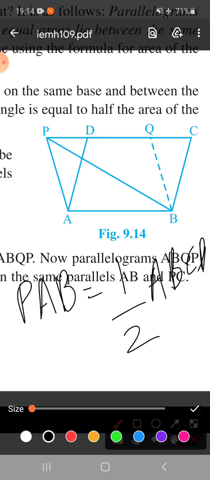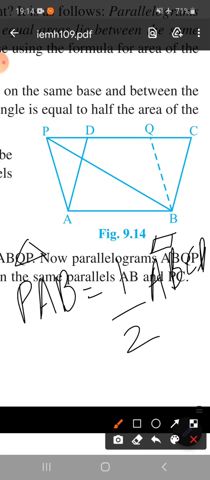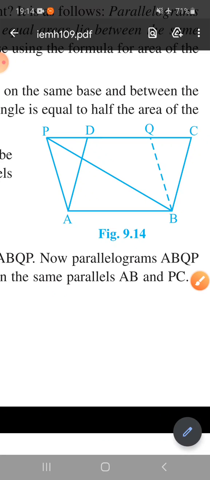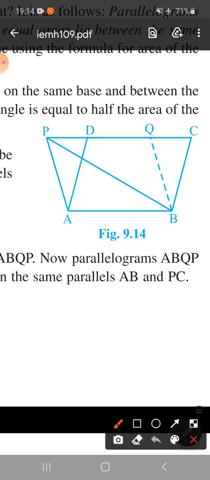We wish to prove this. Here we have triangle PAB and parallelogram ABCD. Now we will draw a line from B which is parallel to PA.